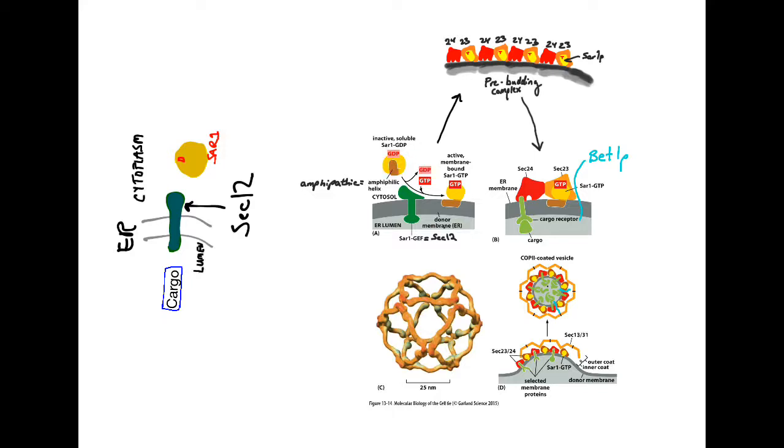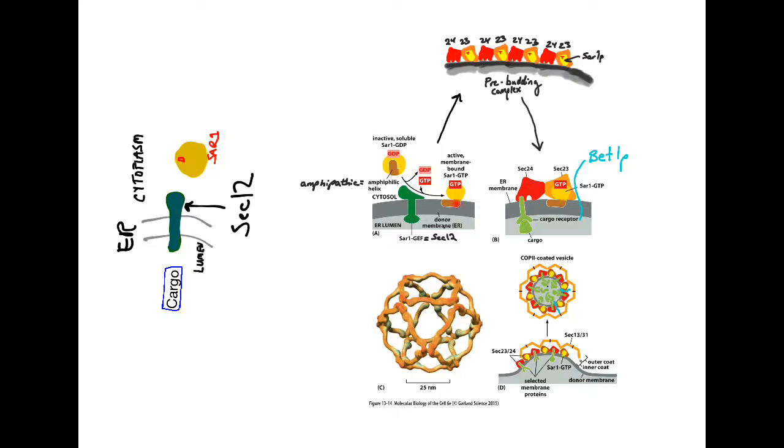uncovers a region of SAR1 that's referred to by your book as an amphiphilic, most people call it an amphipathic alpha helix, that comes from the interior of the protein out into the wide world. Amphipathic or amphiphilic in the case of alpha helices means hydrophobic on one face and polar or charged on the other face.